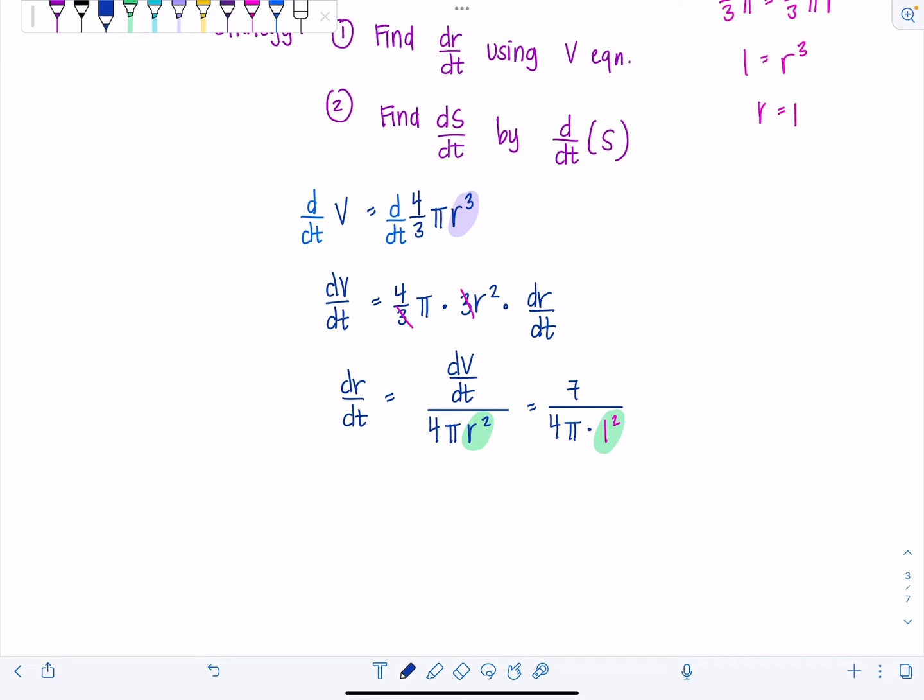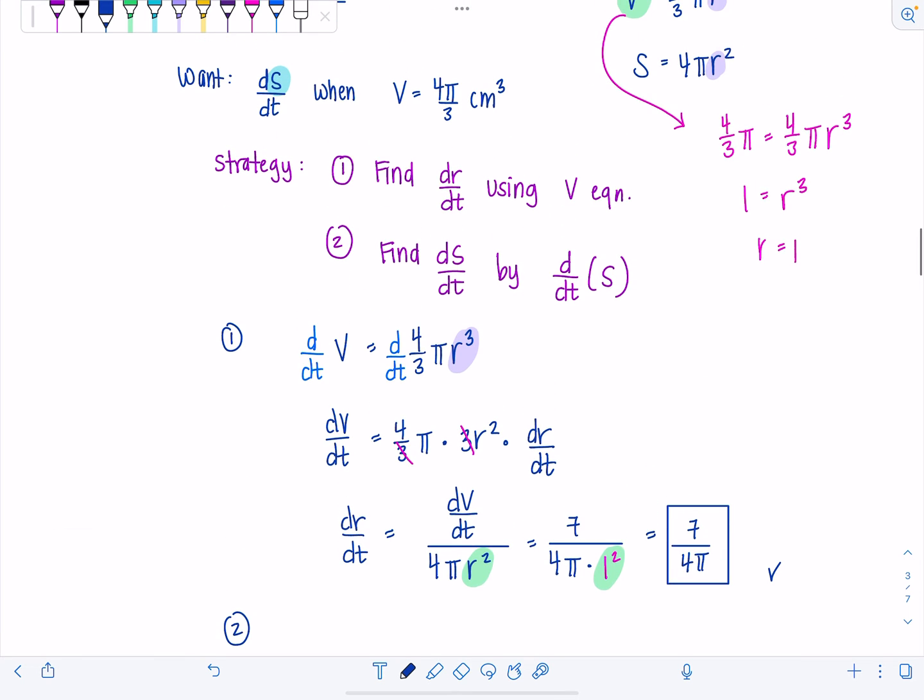Okay, so the rate of change of the radius with respect to time is 7 over 4 pi. And they said don't round your answer, so I'm just going to leave everything in terms of pi. Okay, so step 1 is done. We found dr/dt. Now we're going to find dS/dt.